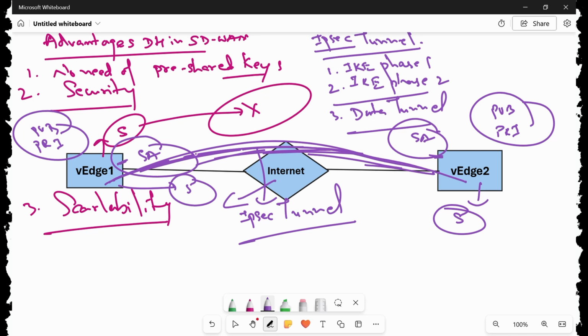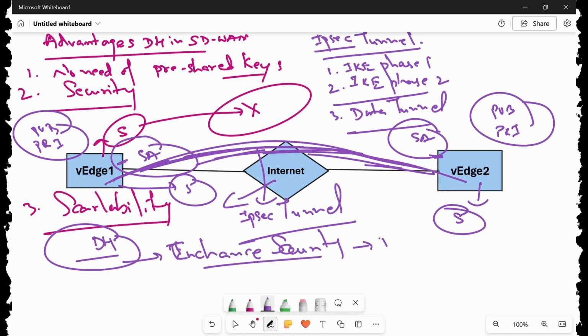So basically, Diffie-Hellman will enhance the security using a DH group, which will be 14, 19, or 20. And the same Diffie-Hellman group is configured on all edge devices to avoid any mismatch during the tunnel negotiation or security association process.